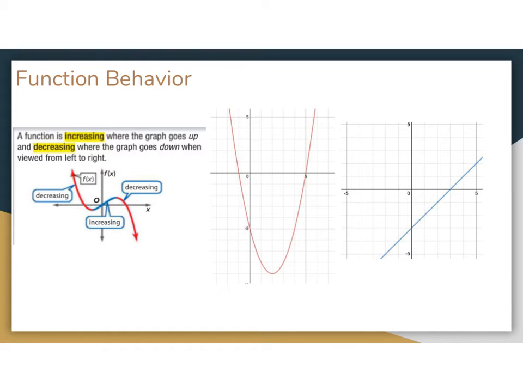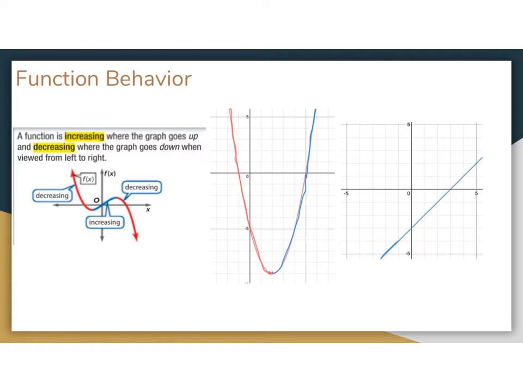The next function behavior we want to look at is decreasing and increasing. And this time, we want to look at the slope of the graph. So here we can see that it is decreasing, decreasing, decreasing, and then it hits a point where it now starts to increase. And it will continue to increase along that.